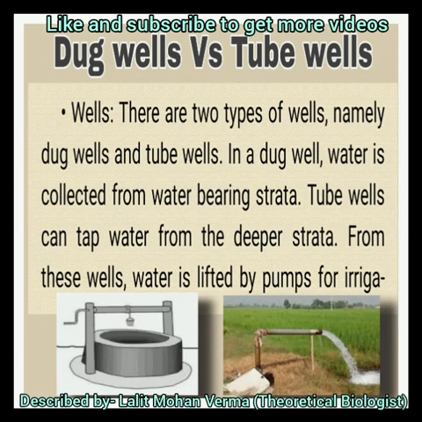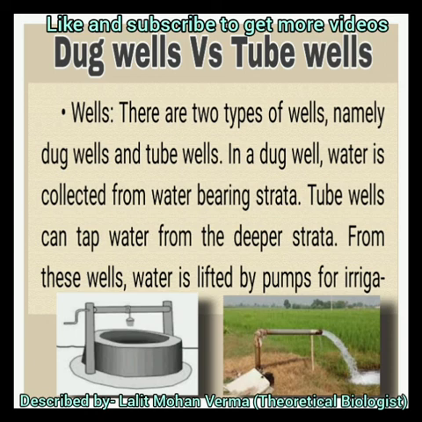First of all, dug wells versus tube wells. The dug wells have their bottom below the groundwater level. The groundwater simply accumulates in the pit. From these pits, the water is lifted by mechanical means, either by using rope and container or bullock operated devices or pumps.